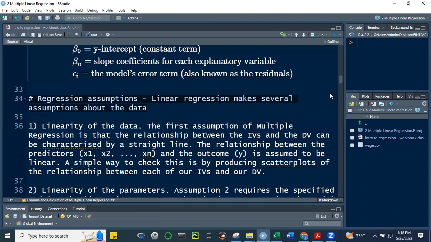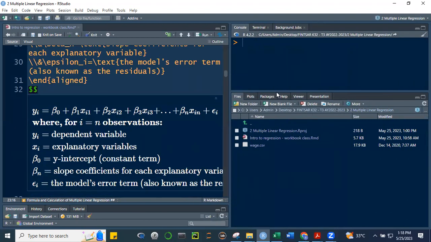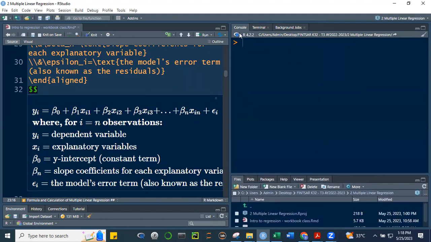Let's see. I'll just plot here. Okay, suppose we have this. We plotted y, your dependent variable, and x, your independent variable. Suppose the scatter plot shows this.